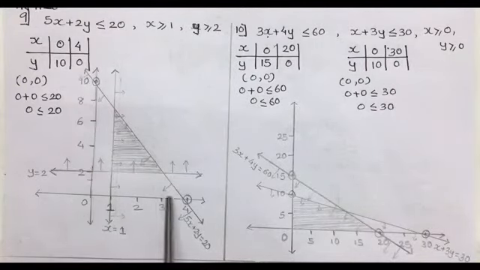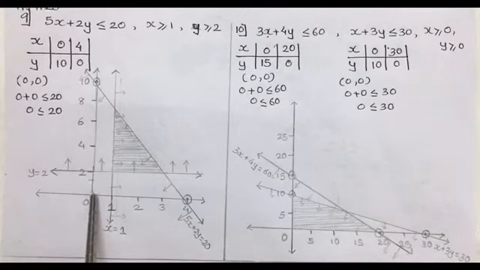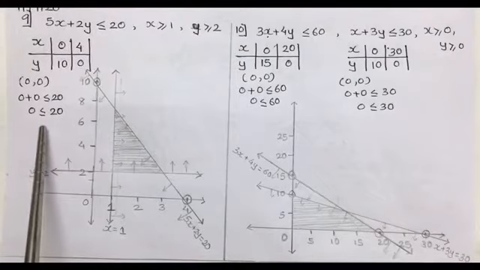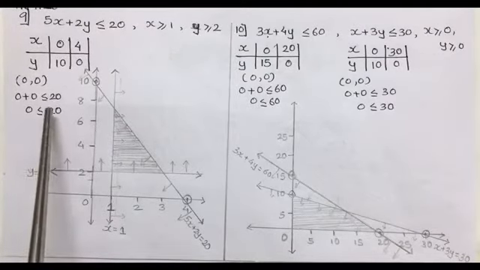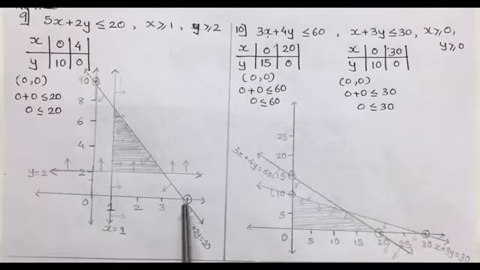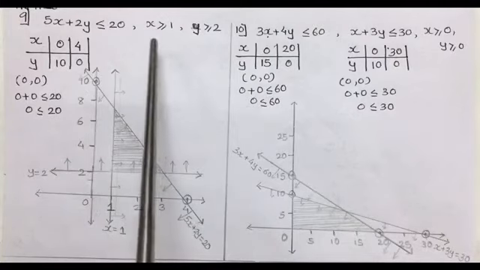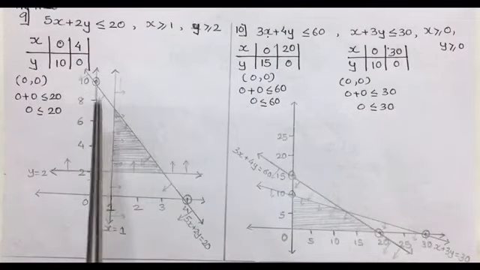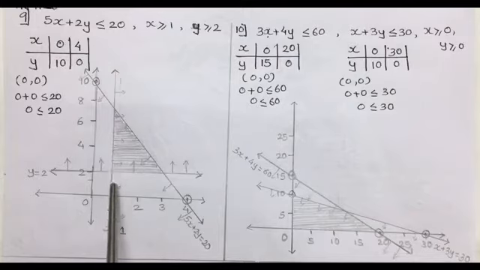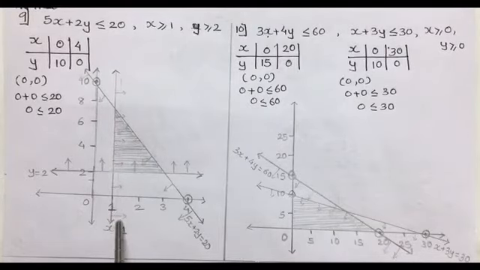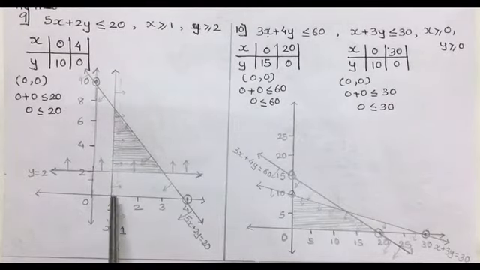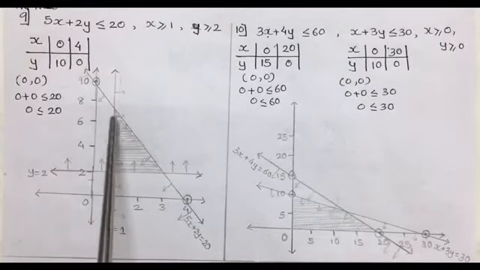For the line 5x plus 2y equal to 20, selecting (0, 0) and putting it in the inequality, it satisfies the inequality. Therefore, towards (0, 0) it is to be shaded. For x greater than or equal to 1, drawing the vertical line passing through x equal to 1, as it is greater than 1, it will be shaded towards the right side of 1.